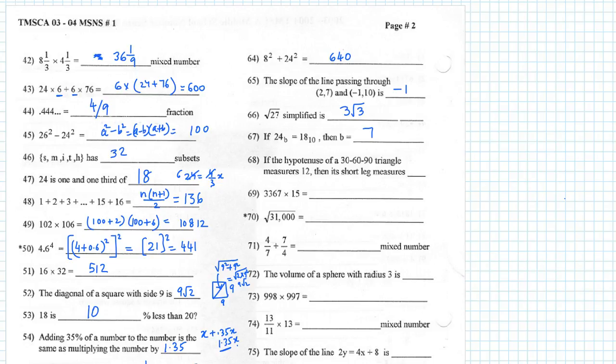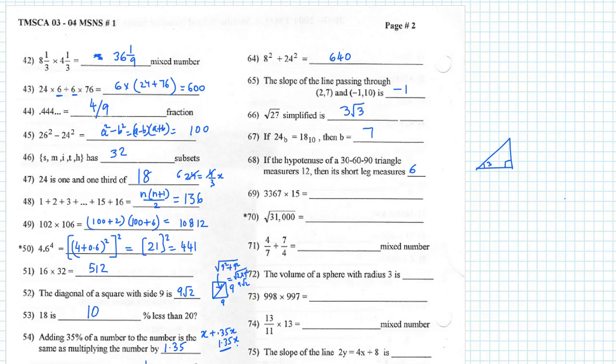If the hypotenuse of a 30, 60, 90 triangle measures 12, then its short leg measures, in this case, that's going to be 6. So in a 30, 60, 90 triangle, again, you need to memorize this.